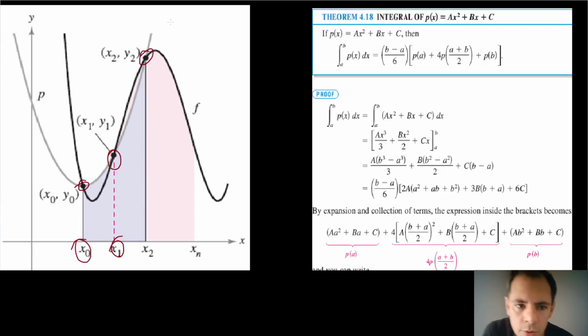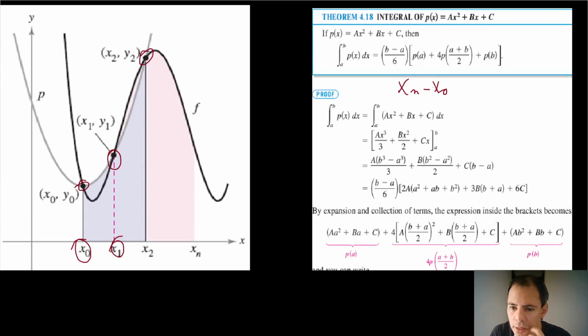First, they came up with this thing here. They got a p of x, which is a quadratic formula, and when you integrate, you come up with this formula here. Now, you have to pay attention to a few things. It's going to be b minus a divided by 6. This b minus a is actually the distance from xn minus x0.